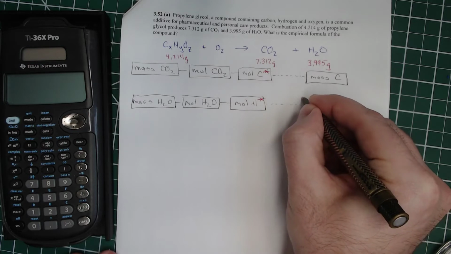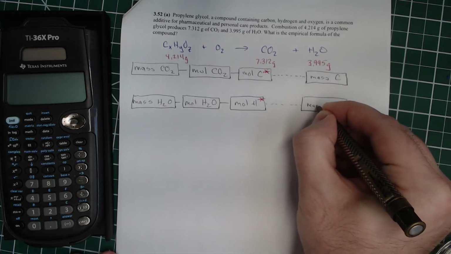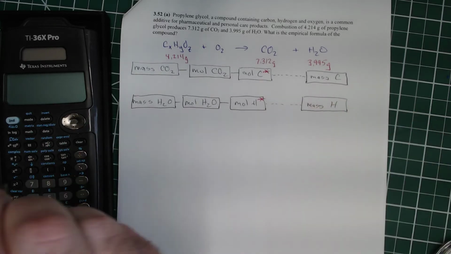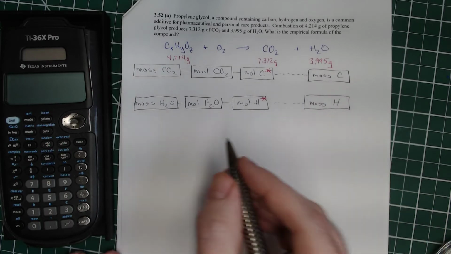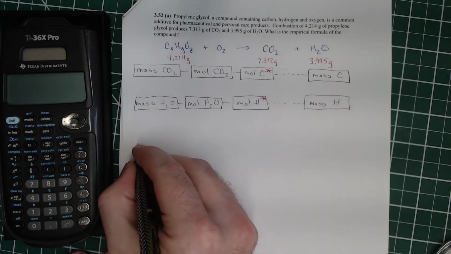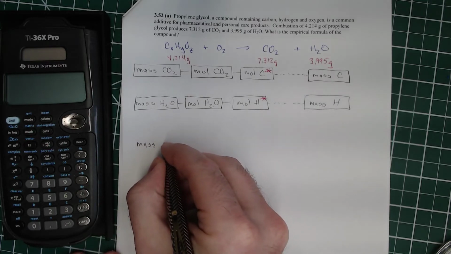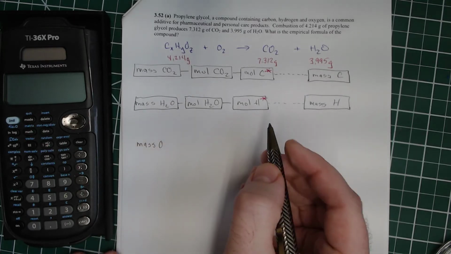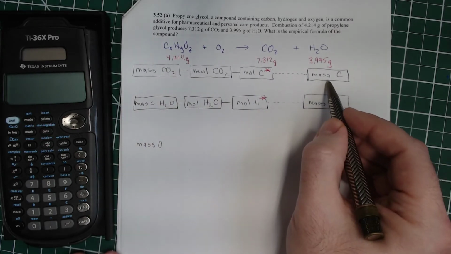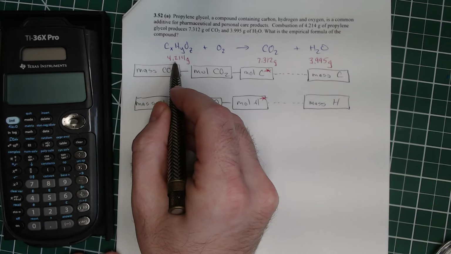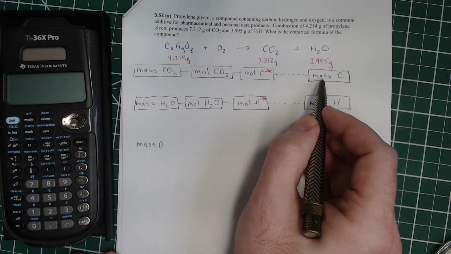We need to do an additional calculation, which is to figure out what the mass of hydrogen in our compound was originally. Okay, we'll leave a little space here. So then we're going to want to get the mass of the oxygen that's in our original compound. Well, this calculation, the mass here of carbon, tells us out of this 4.214 grams of propylene glycol, how much of it is carbon.